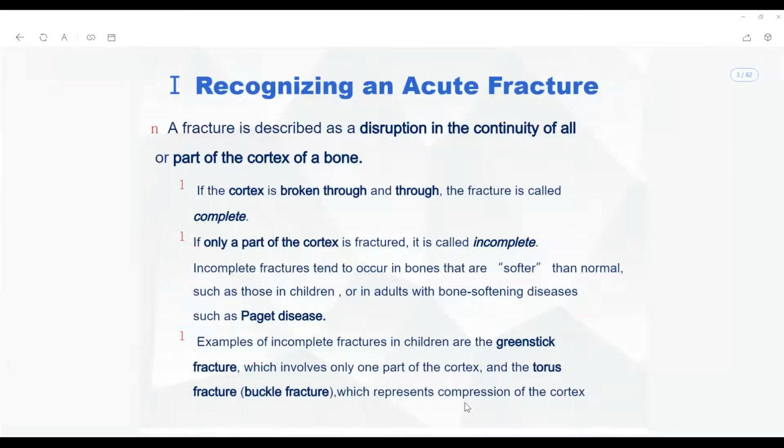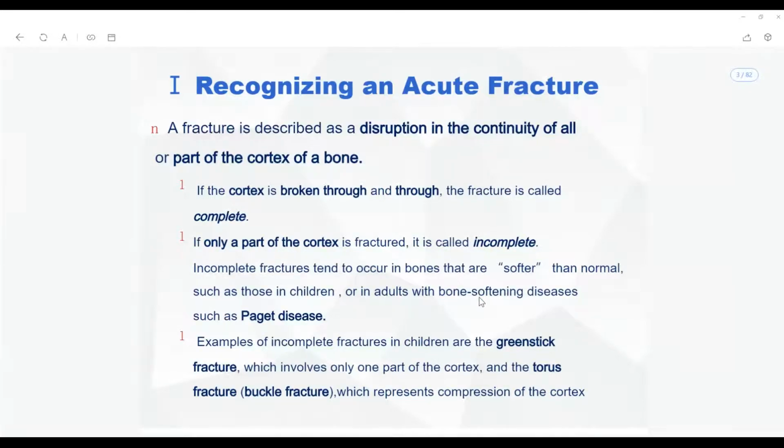Okay, we will see the pictures and try to understand them. Remember there are two types of fractures. One is a complete fracture where the cortex is completely broken from one edge to the other edge. Generally, you can define it as the lateral edge to the medial edge. Then there is an incomplete fracture, where only a part of the cortex is broken.